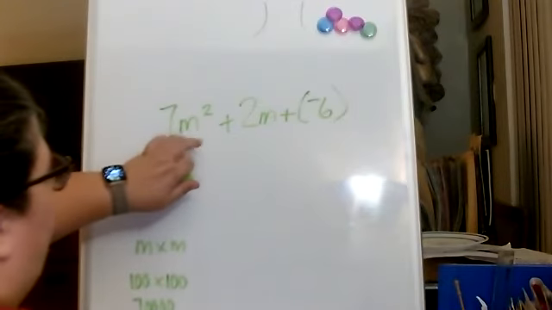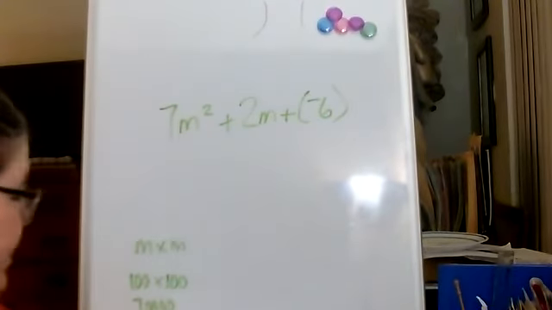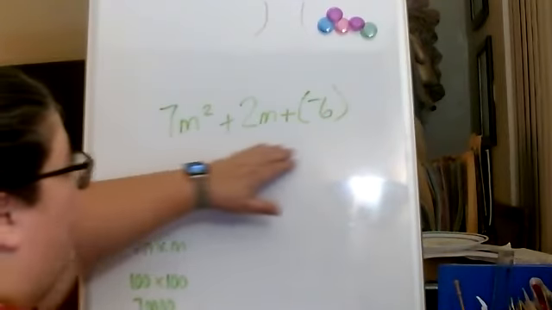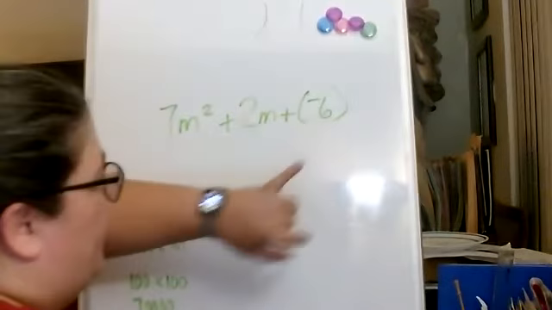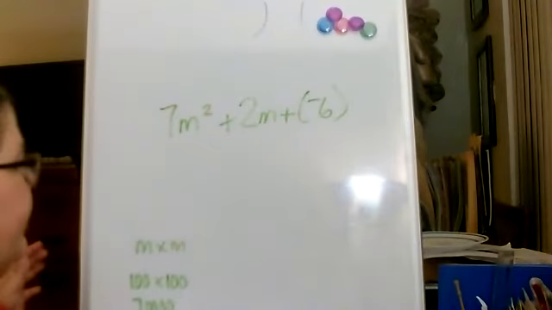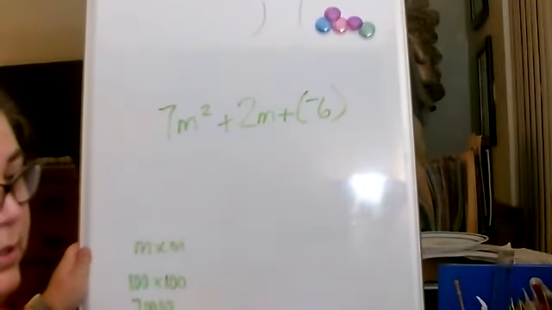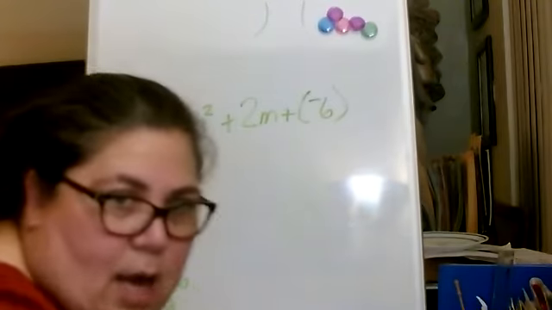So anything that's got the exponents on there is going to be bigger than the stuff that doesn't. So you're going to have that listed first. And of course, the 6 doesn't have any exponents, so it's going to be listed last. The -6 is what? Constant.